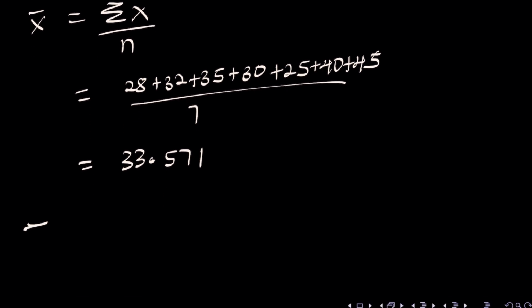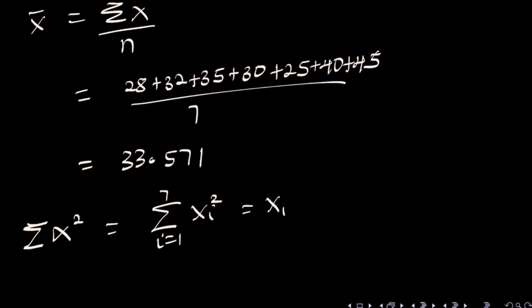We now calculate sigma x squared. So here n is 7, so we are going to have summation i running from 1 to 7 of xi squared. So that's x1 squared plus x2 squared plus x3 squared till x7 squared.